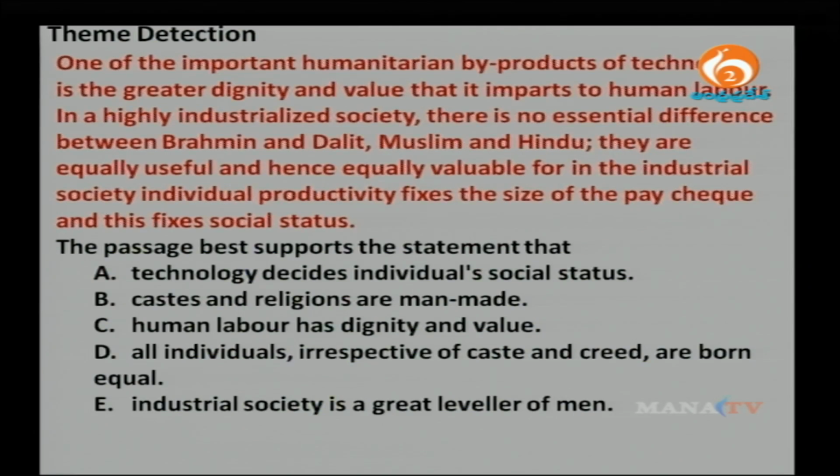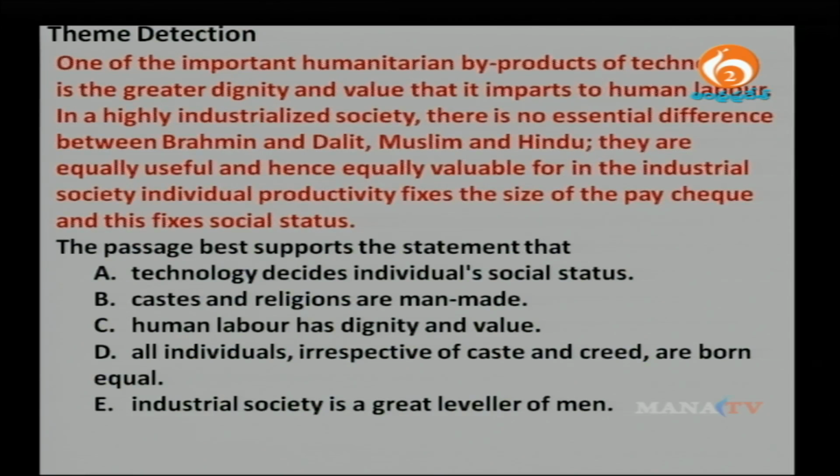The passage best supports the statement that technology decides individuals' social status, caste and religions are man-made, human labor has dignity and value, all individuals irrespective of caste and creed are born equal, industrial society is a great leveler of men.